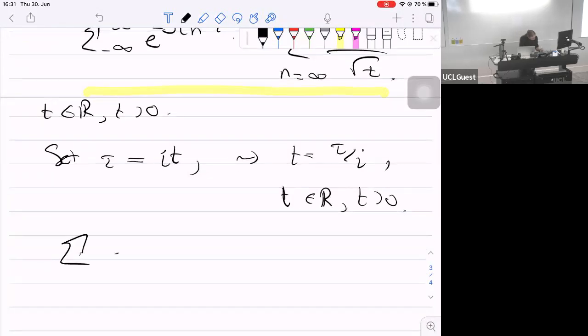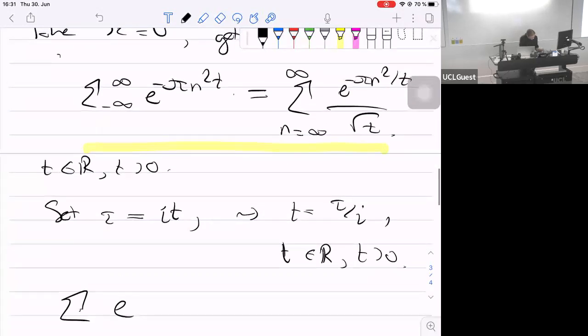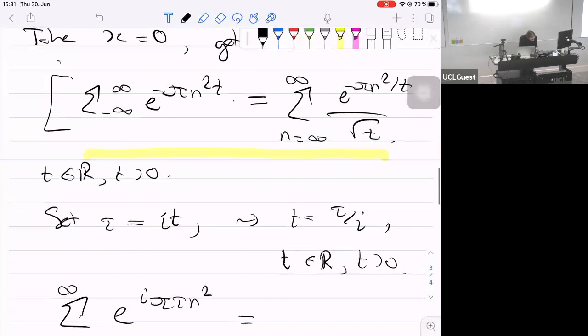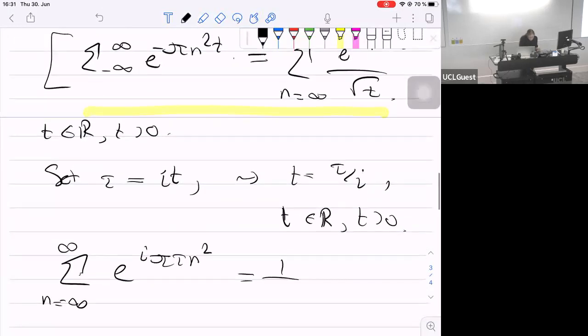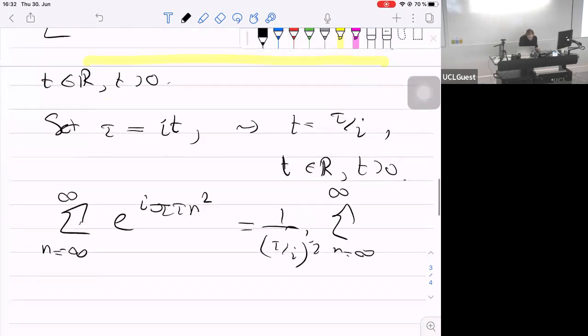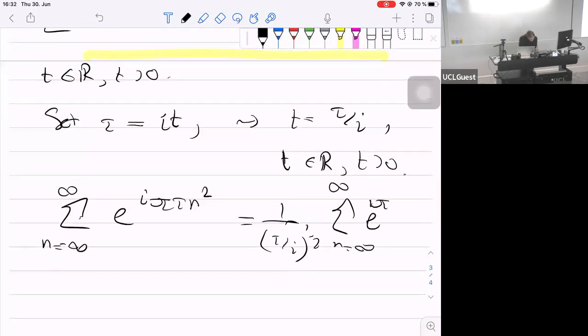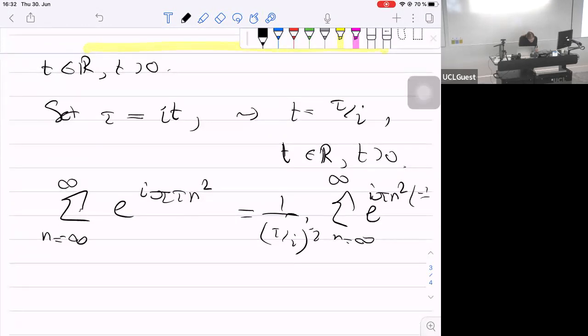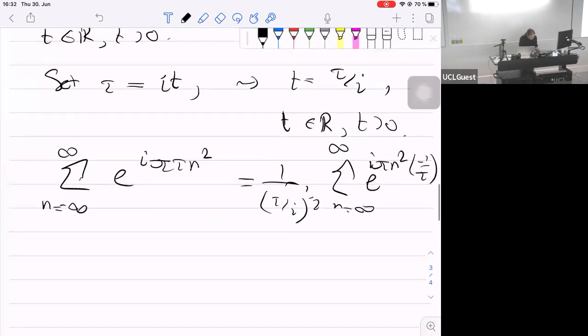And this tells us that plugging into what we got from the Poisson summation, the sum from minus infinity to infinity of e to the minus i pi tau n squared is going to be the square root of t in front, that's tau over i to the half, times the sum from minus infinity to infinity of e to the i pi n squared, substituted in with minus 1 over tau here.